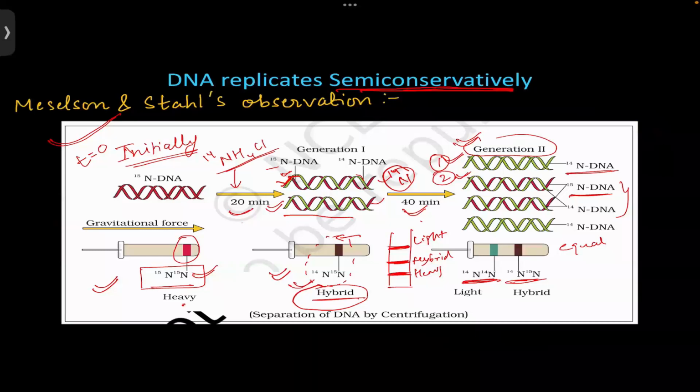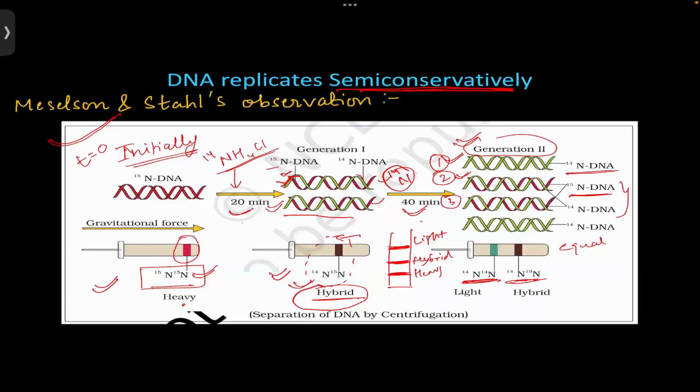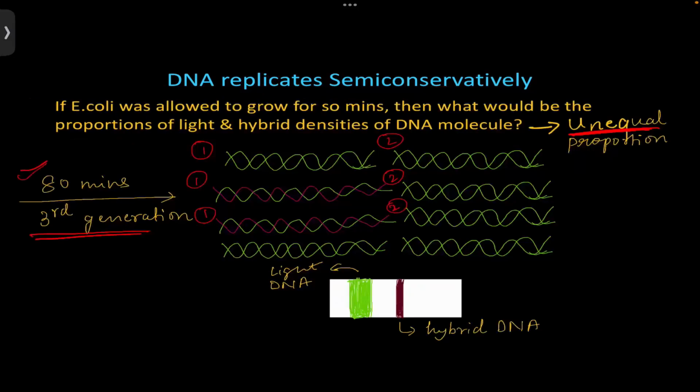The same argument applies for this DNA molecule as well, so that will give rise to 1 hybrid DNA molecule and 1 light DNA molecule, and you can similarly expect that this 4th DNA molecule will give rise to 2 light DNA molecules, correct?